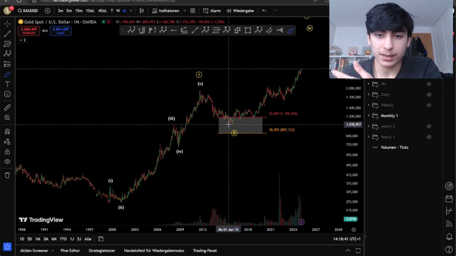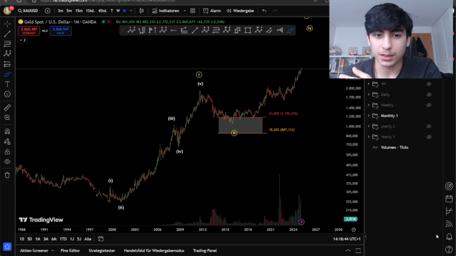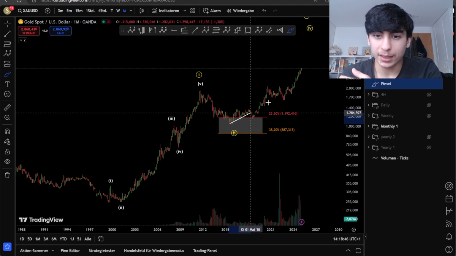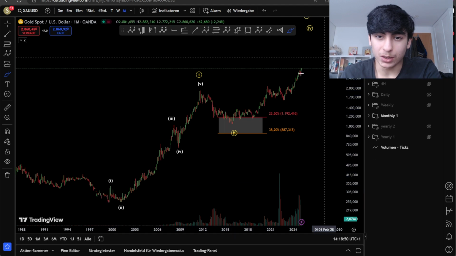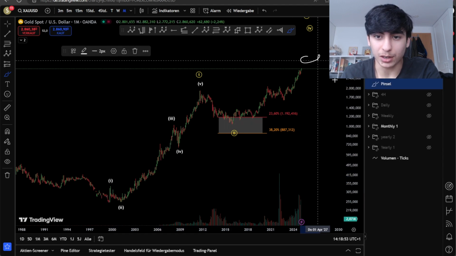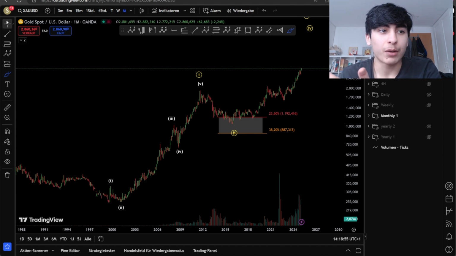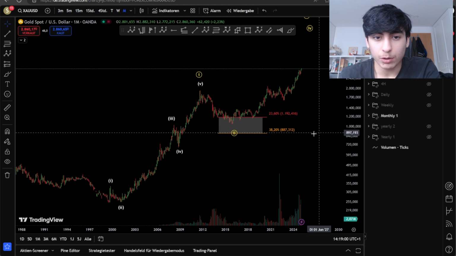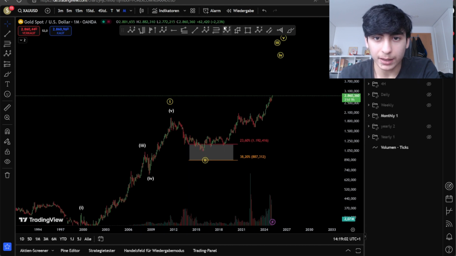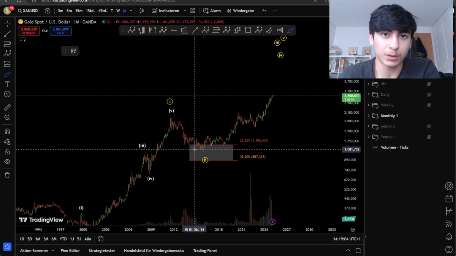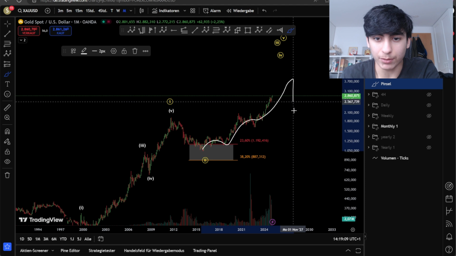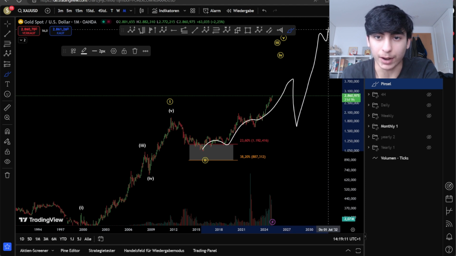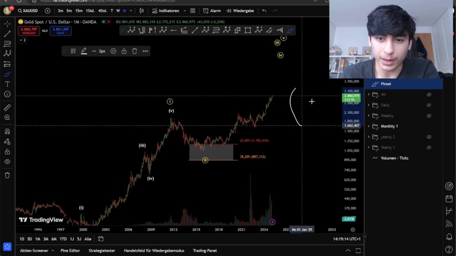But in both cases, it's not really relevant, because in the 1, 2 scenario you are looking for another 1, 2, and in the 1, 2, 3, 4, 5 scenario you are looking to finish the structure and go to the downside. So the direction is the same. So let's simply stick with the scenario where we are looking for a wave 3. And of course, for the wave 3, we also need a subdivision count. So we probably have here a 1, 2, 1, 2, 3, 4, 5, 4, 5, looking for a 1, 2, 3, 4, 5, right? So in both cases, we are seeing this drop.